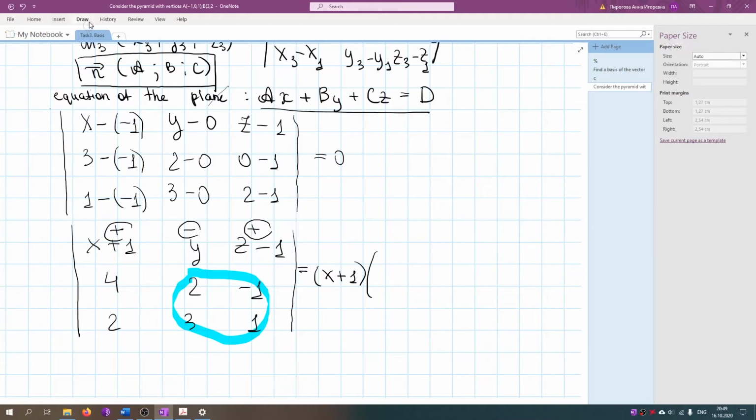It is 2 minus, so it is multiplied by 1, so we just write 2 minus 1 multiplied by 3.